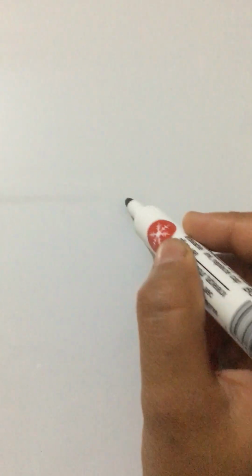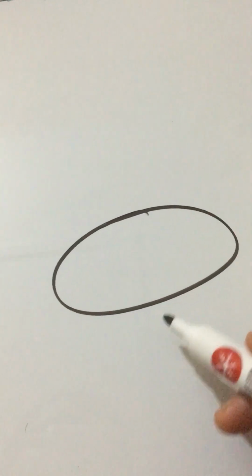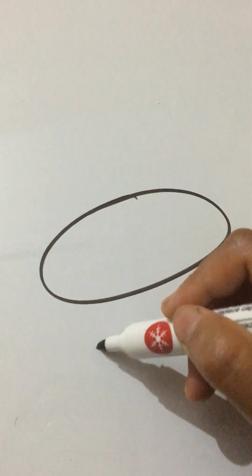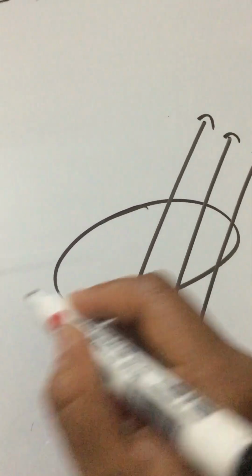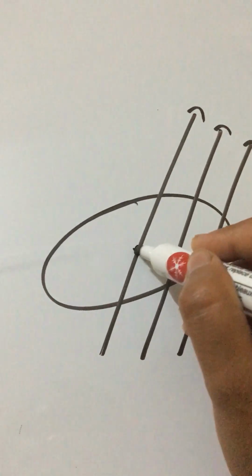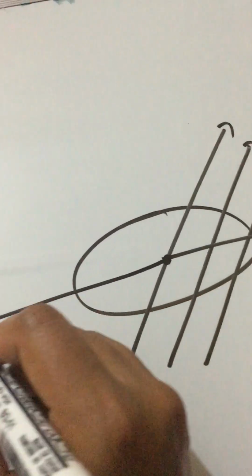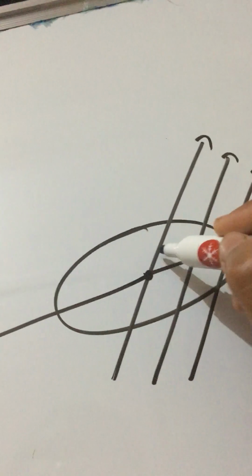Okay, then let me take another one. Suppose here is a ring. Okay, 2 dimension. Then let's say the electric field is directed this way, though parallel, at 30 degree.